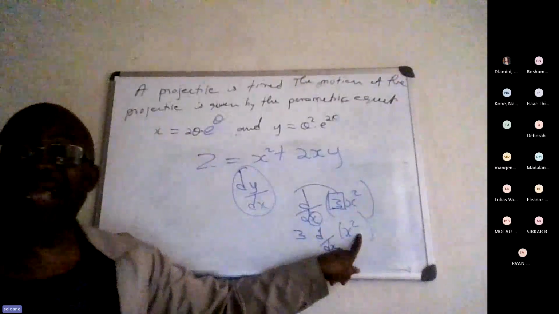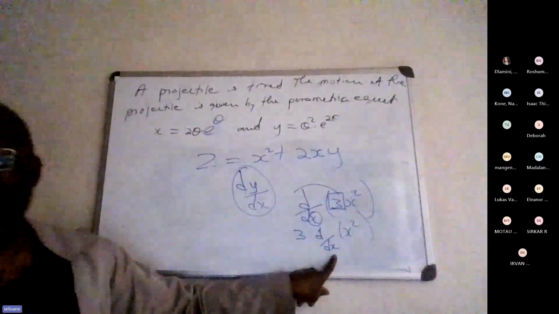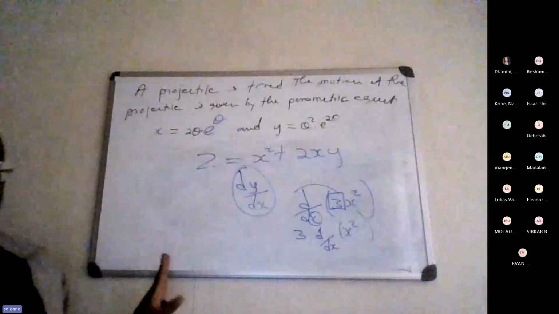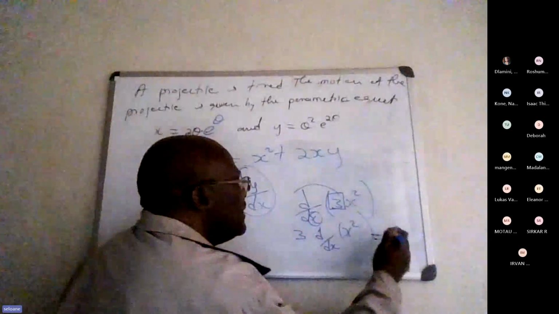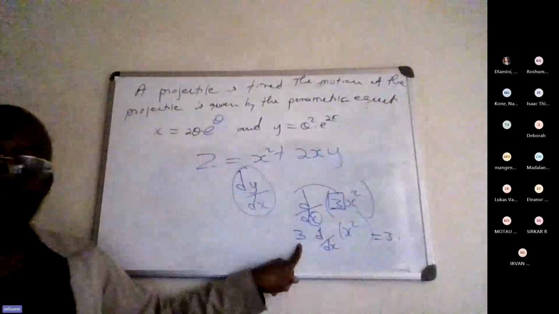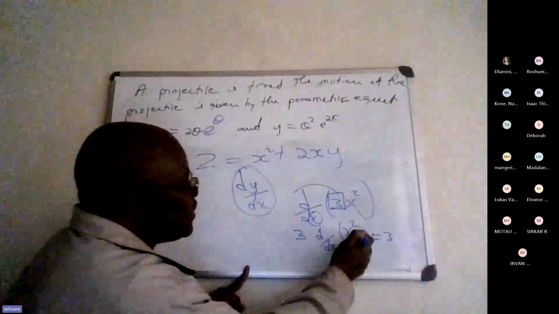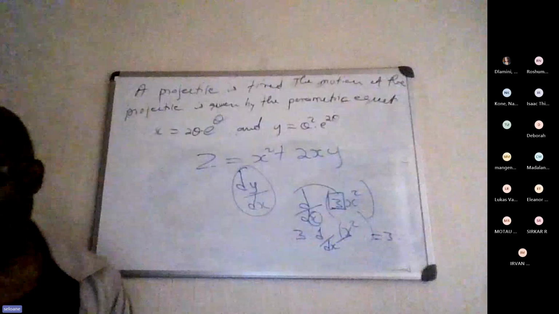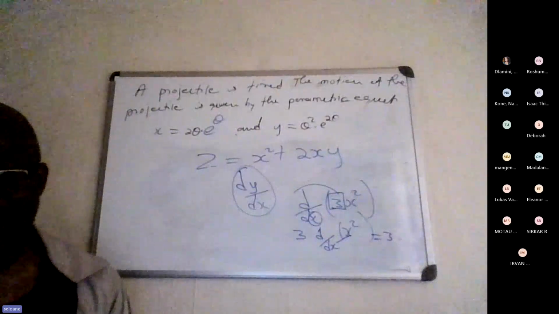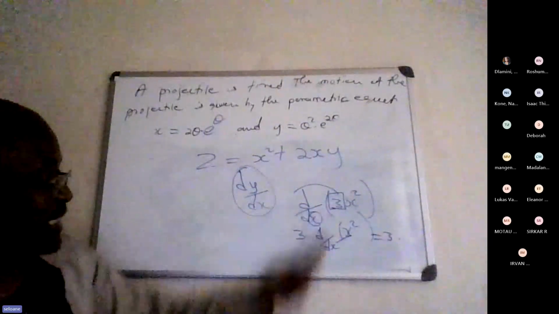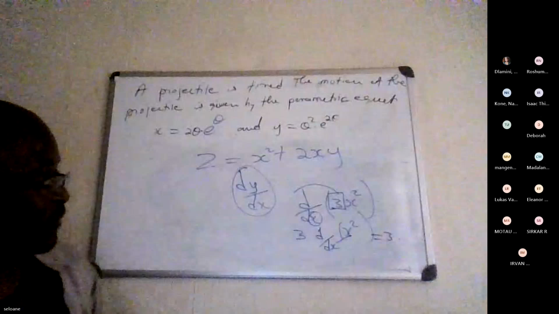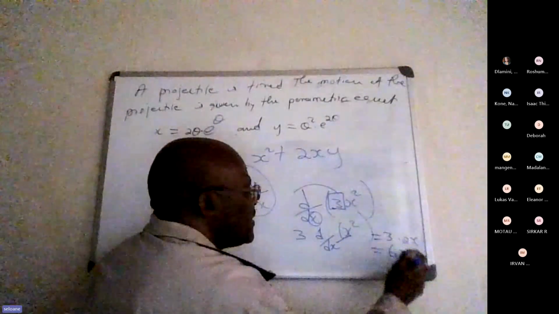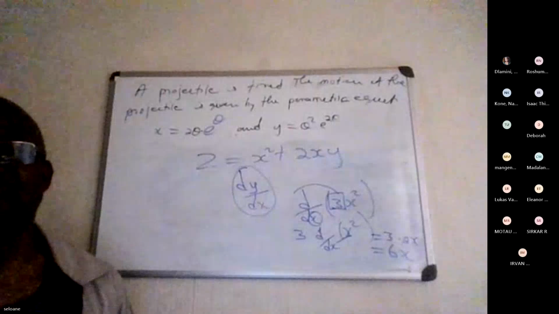Here you cannot take the x out because we are differentiating with respect to x. You can only take the constant out. Then this becomes 3 multiplied by the derivative of x squared, using the power rule for differentiation. What is the derivative of x squared? 2x. Therefore, the answer is 6x.